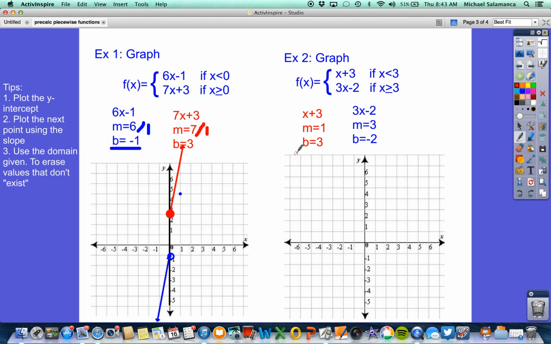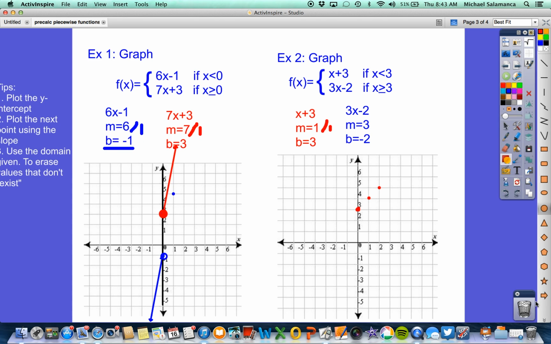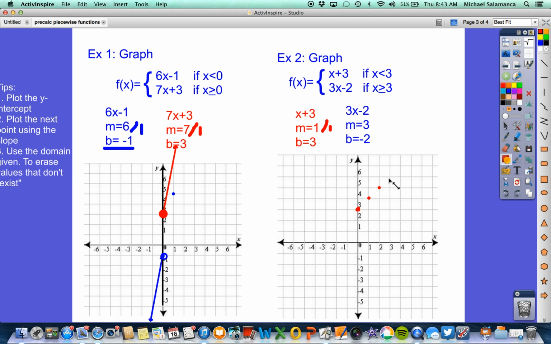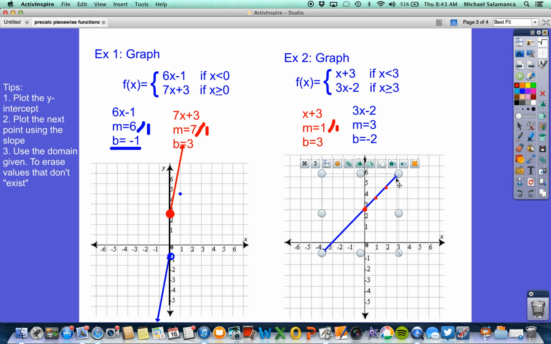In red, the y-intercept is 3, so instead of starting at the origin, we go up 3, 1, 2, 3 right here. The slope is 1, or 1 divided by 1, so we go up 1 over 1, up 1 over 1, and we'll have a line like so. Make sure it's in the right color, so this will be in red.